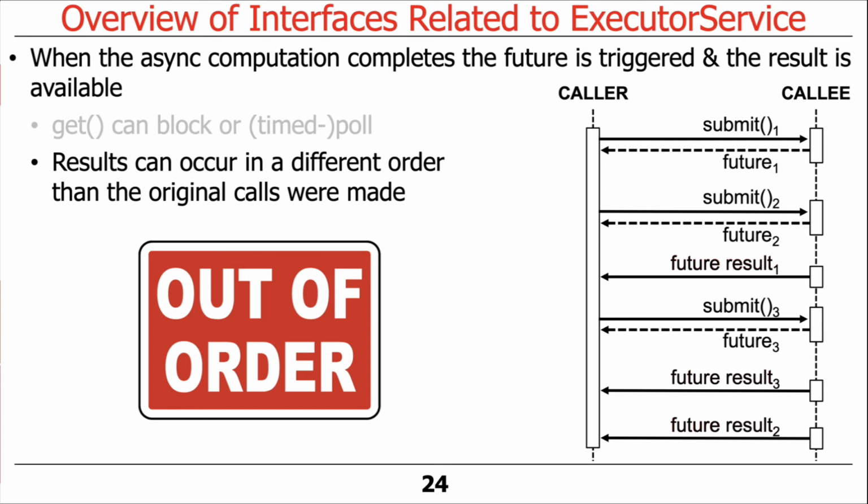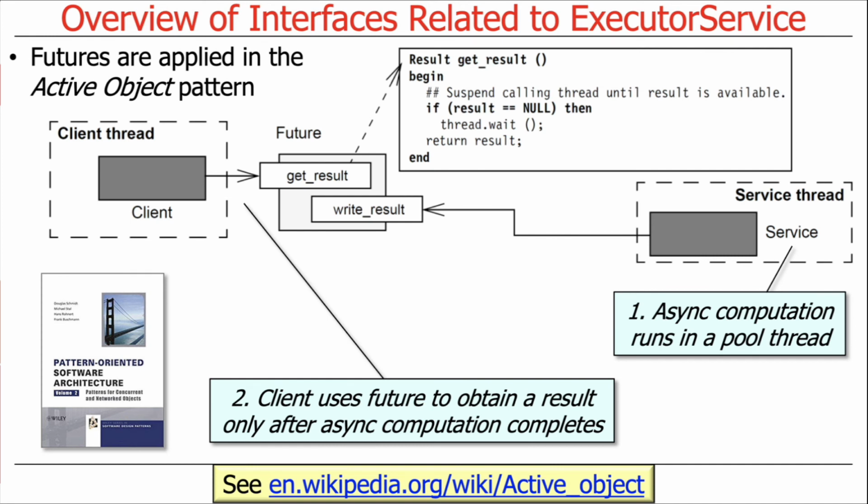So longer running jobs may take longer, shorter running jobs may take shorter. You get the results back when the results are done. Futures are also applied in the context of the active object pattern that we talked about before. So what you do there is a client initiates a computation that runs in the thread pool, and then it gets a future right away, and at some point the client can use the future to get the result of the asynchronous computation when it completes.